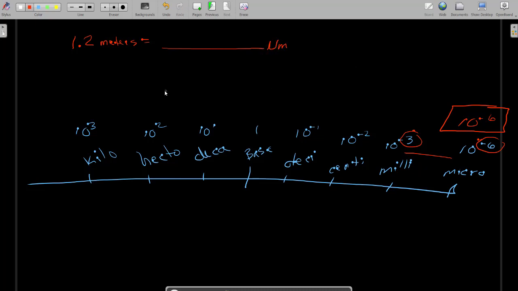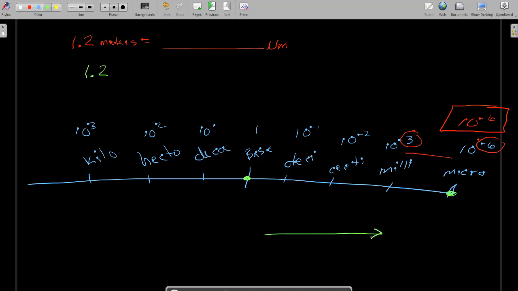So I want to know how many micrometers that is. Okay, so same rule applies. I have 1.2. I'm starting at base units. That's step 1. Step 2, where are you going to? I'm going to micro.